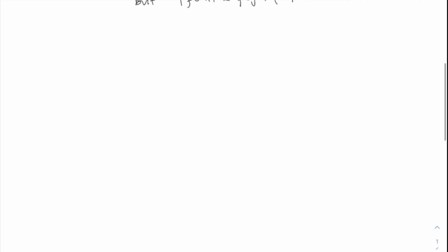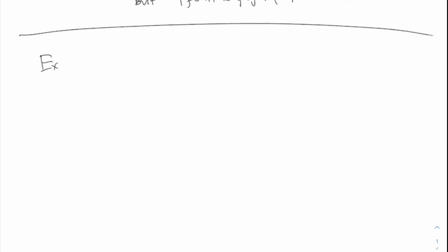Okay, my example. How about the function, this is a little weird, f of x equals x squared plus 1 over x. What does that look like? Well, it looks kind of like the parabola. This is x squared, right?